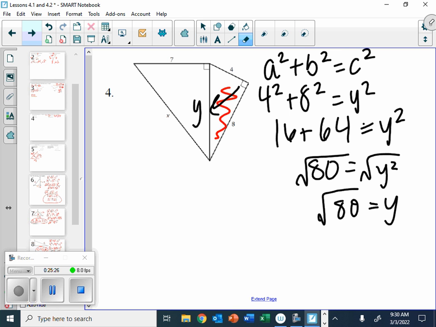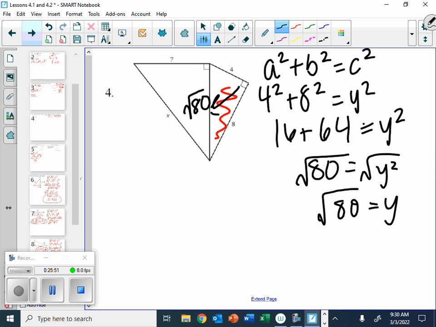So this piece right here that I just found is square root of 80. Alright, so I have that piece. Now I can use it in the 7 to figure out this side of the triangle. Okay, so for this other triangle, that x, is it a leg or a hypotenuse? Hypotenuse.